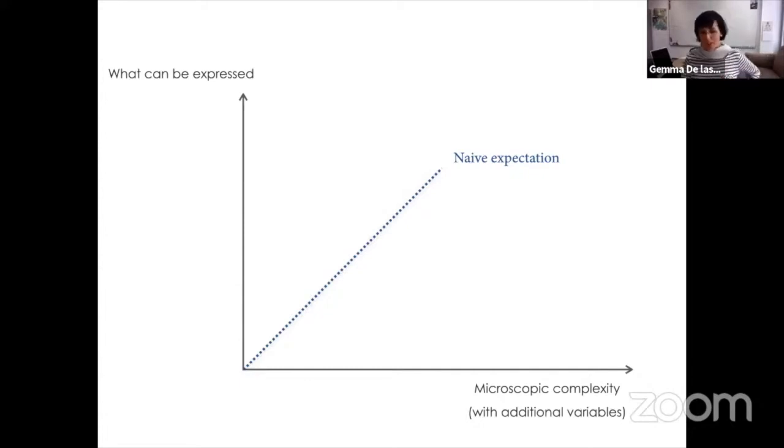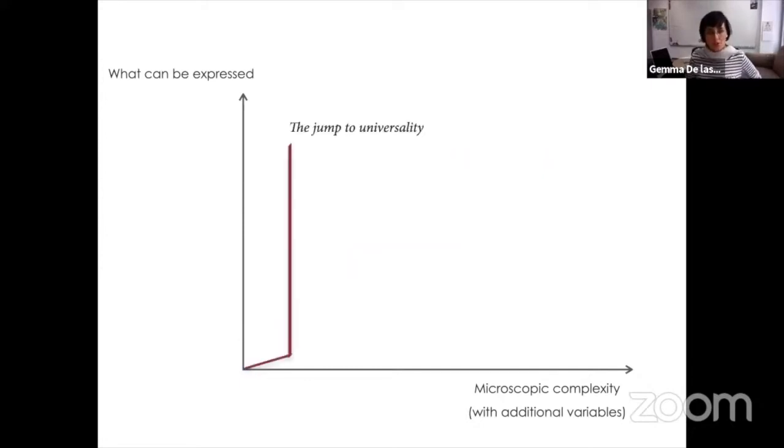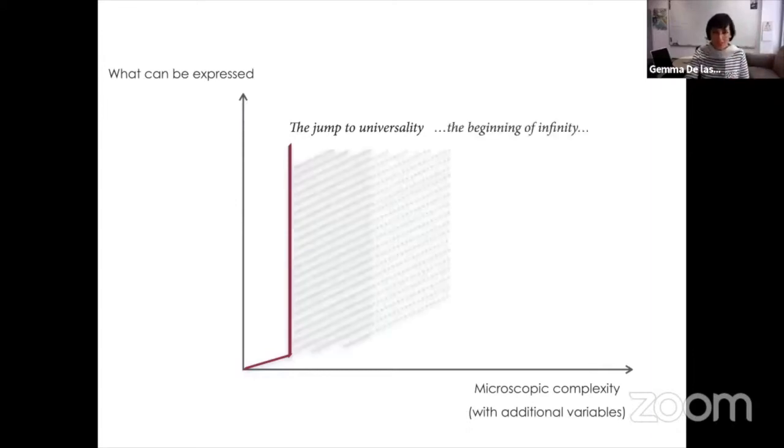But actually what happens is that as systems become gradually more complex, they undergo a very sudden change of functionality, after which they can explore all complexity in their domain. This is called the jump to universality. And in the words I'm borrowing from David Deutsch, this puts these systems at the beginning of infinity.